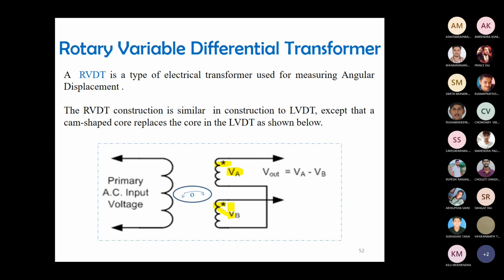Now you get the differential voltage: whatever voltage is induced, we subtract them and get the value, V out equals VA minus VB. So this is the rotary variable differential transformer.